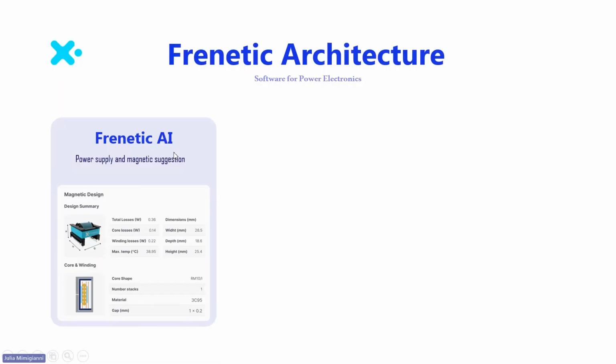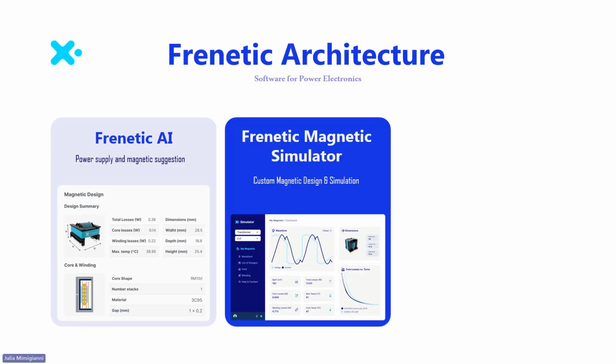So firstly, we have our Frenetic AI, which is basically our agent for power converter and magnetic suggestion. Also here, you have the automatic LT-SPICE file generation. But the limitation that we have here is that you cannot edit. So once you have your magnetic specs suggested, here is when our magnetic simulator comes, where basically all the magic happens.